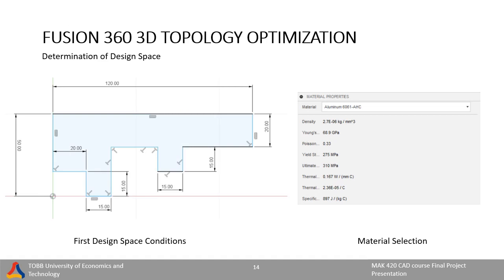With the same design area, boundary and loading conditions as the optimization performed with MATLAB, the topology optimization was performed in 3D with the Autodesk Fusion 360 program. First of all, the design area was determined and the aluminum material with the closest mechanical properties to the material used in MATLAB was selected.